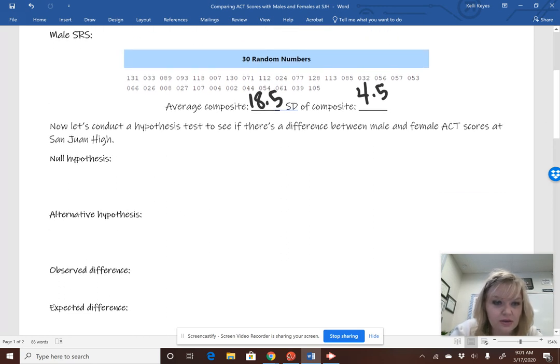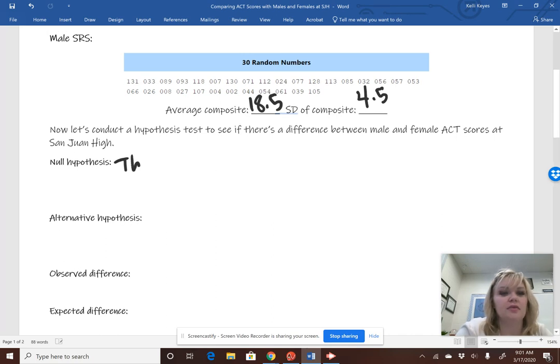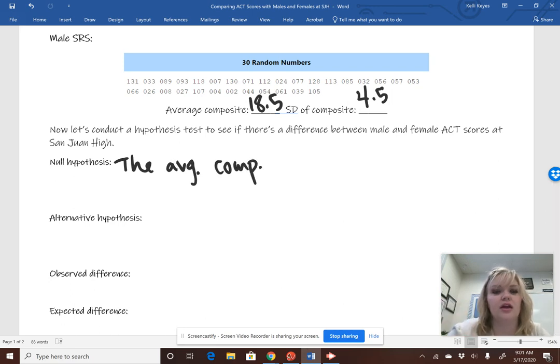So anyway, the null hypothesis. Now, remember, the null is always that it equals something, and the alternative is where it's either greater than or less than or not equal to. So the null hypothesis here is going to be the average composite ACT scores with females and males at SJH is the same. I'm going to abbreviate just to save some time.